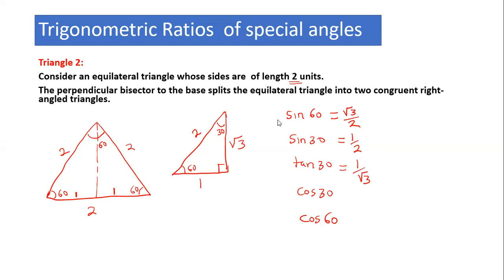Mile, unmute. Cos 30. What is cos 30? Root 3 over 2. Then Collins, what is cos 60?